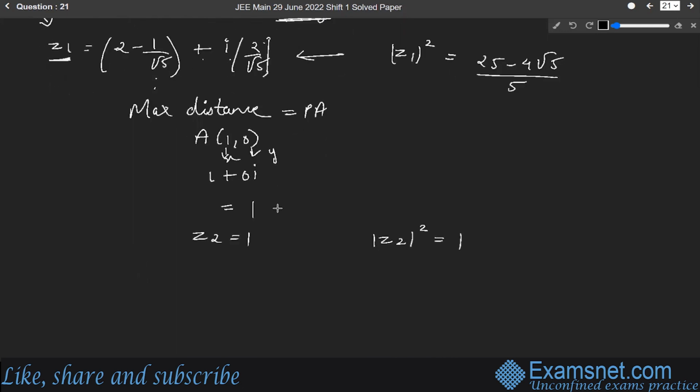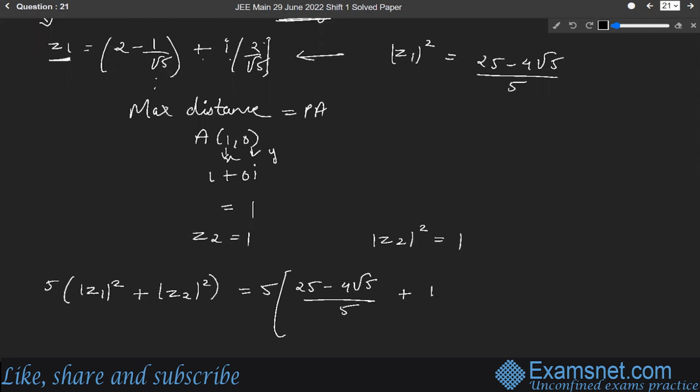We have mode of z1 square and mode of z2 square. So 5 into mode of z1 square plus mode of z2 square will be 5 into, what is the mode of z1 square? It is 25 minus 4 root 5 divided by 5. All right. Plus, what is the mode of z2 square? It is 1.